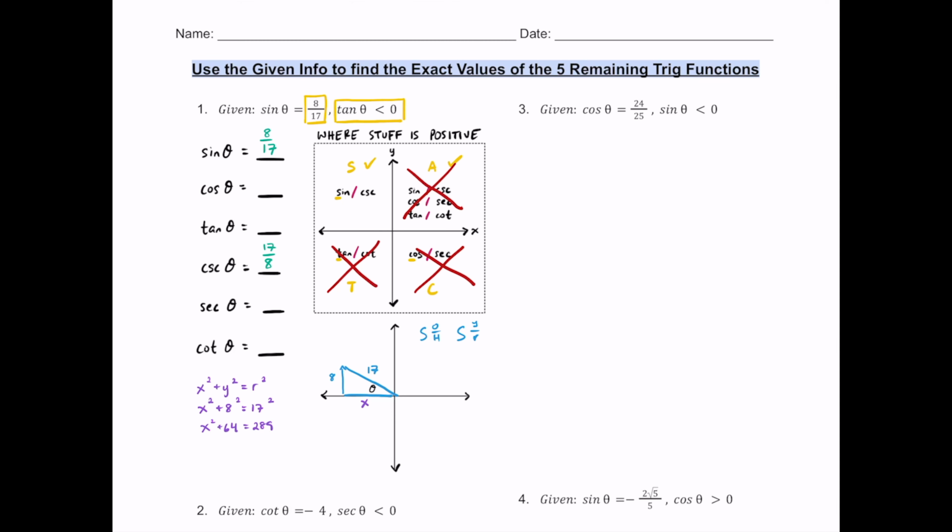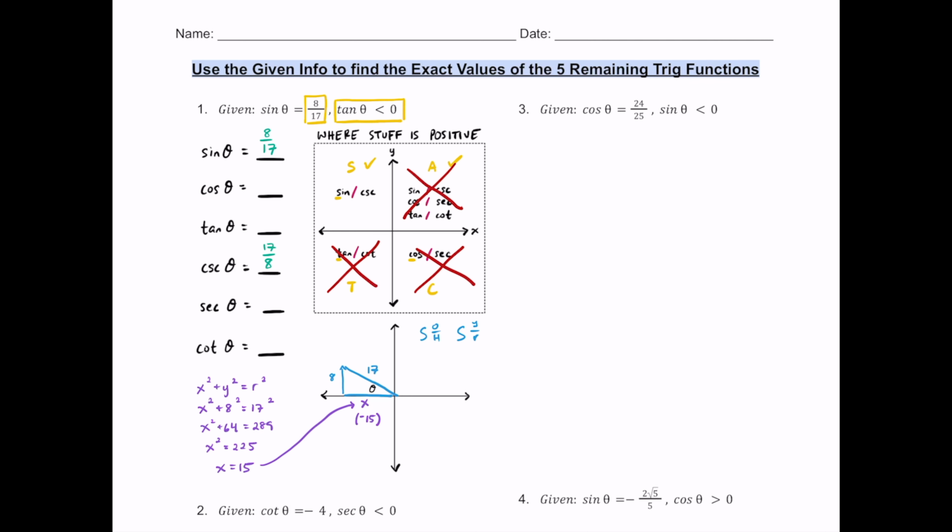If we take away 64 from both sides, we find out that x squared should equal 225. And if we take the square root of both sides, x should equal 15 here. So we know that x is equal to 15, or that's the length of it. Just keep in mind that this is going to be negative 15 because we moved to the left into quadrant 2. So we've got to make sure we use a negative x value.